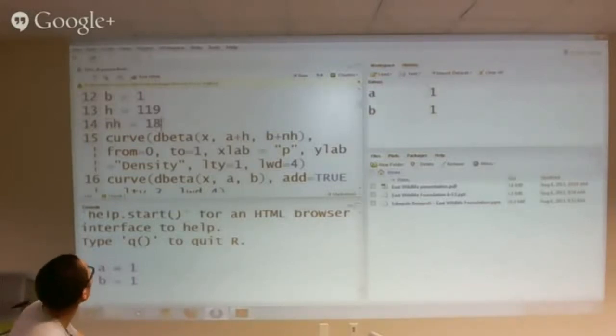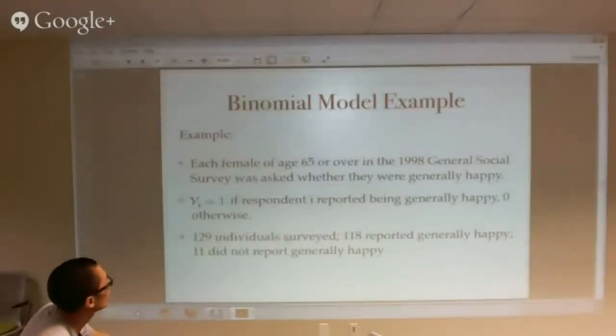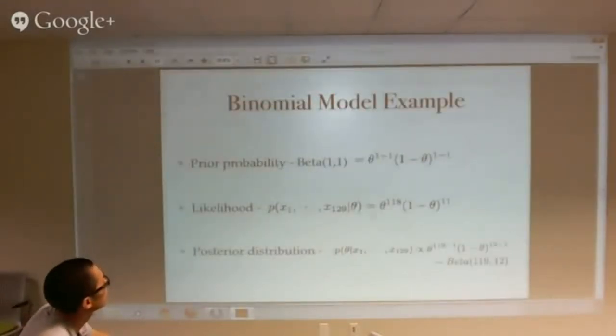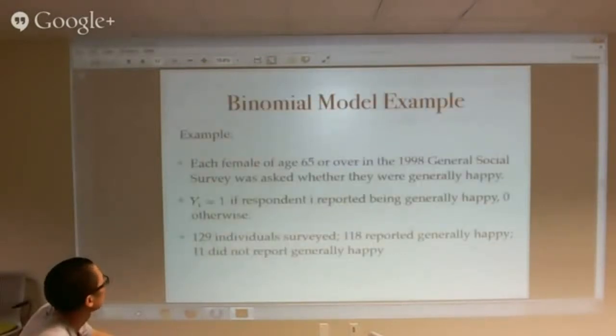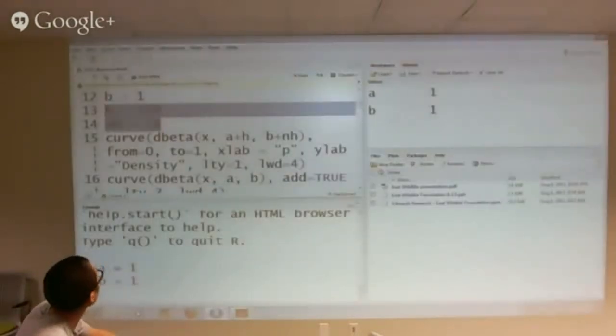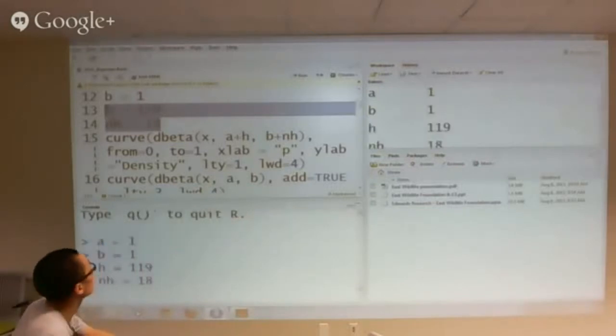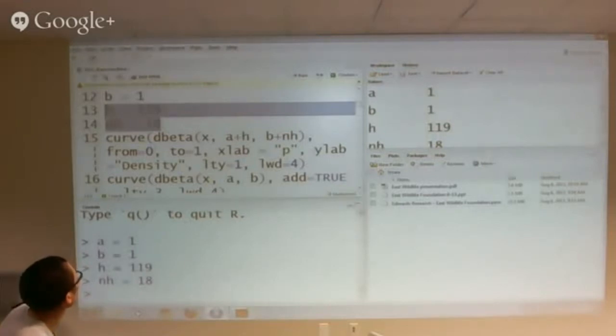So we use H is equal to, because of the numbers we can see here, 18 reported general happy and 11 didn't report general happy, so H is equal to 18 and not happy is equal to 11, right? So we're going to use the curve function, and this is the beta function.